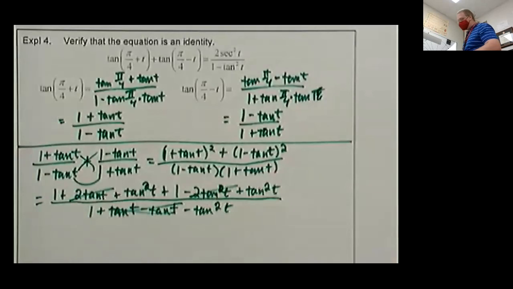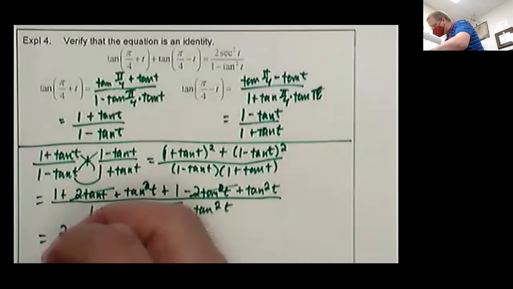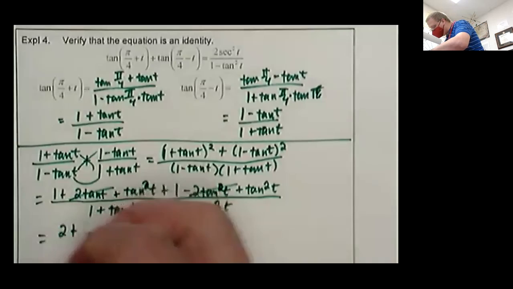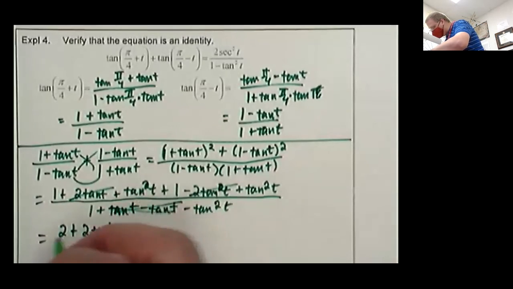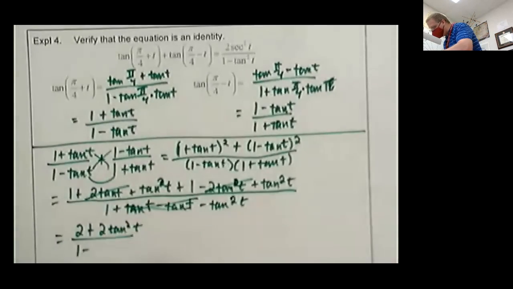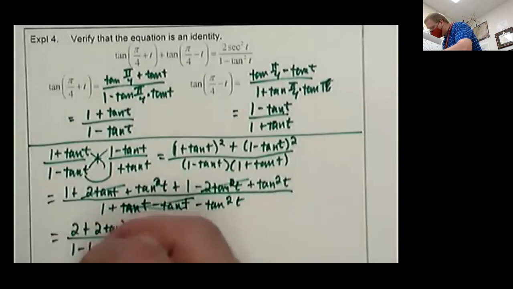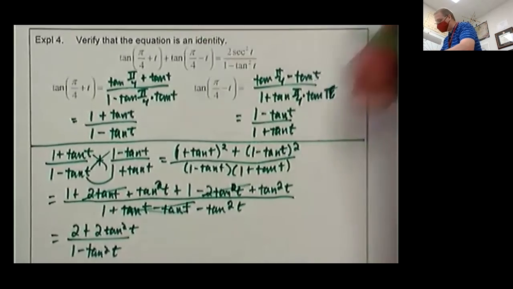And what's left? In the numerator, 1 plus 1 is 2, and we're left with 2 tangent squared of t's. In the denominator, we're left with 1 minus tangent squared of t.